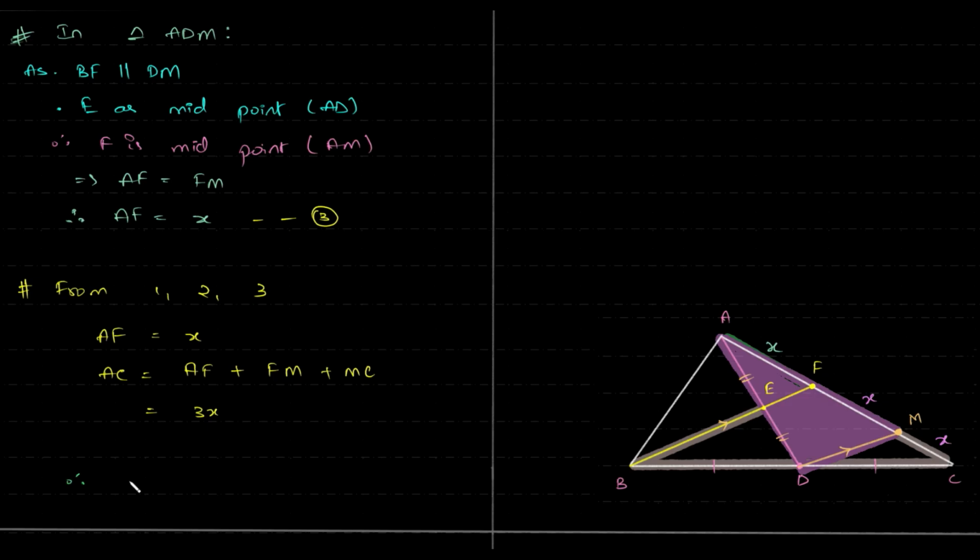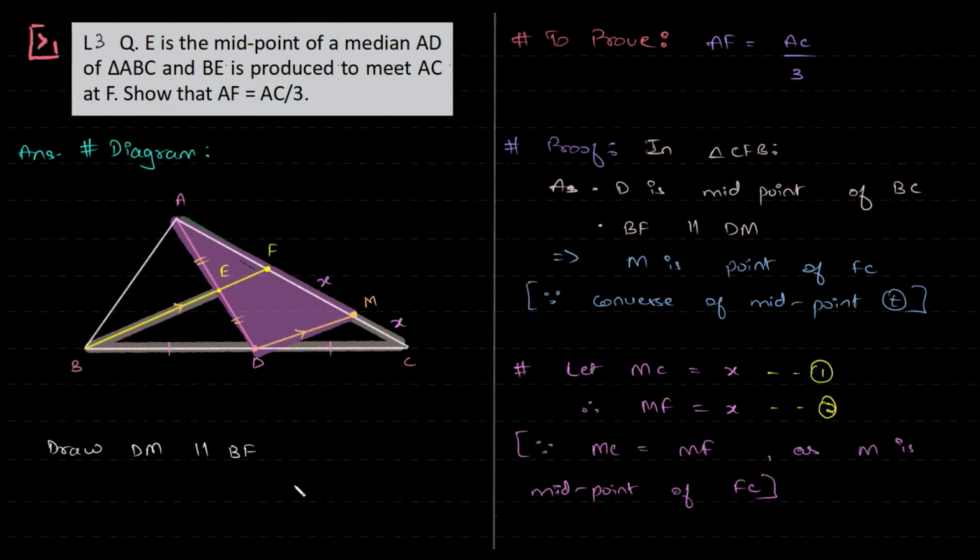Therefore, we have AF is equal to AC by 3. That's it. AF is equal to AC by 3.